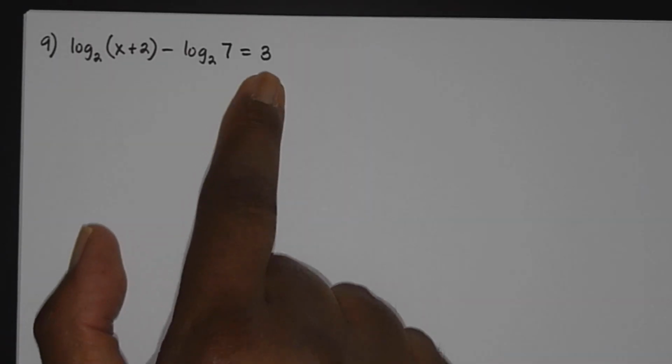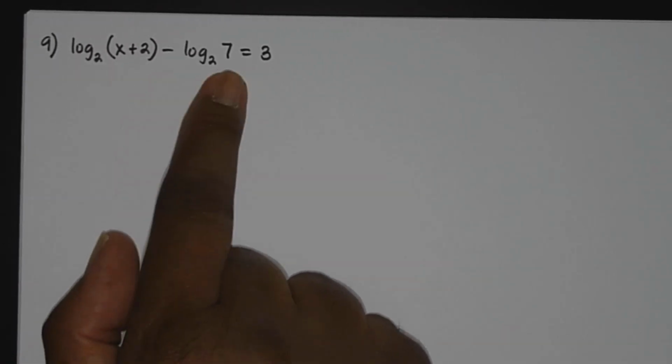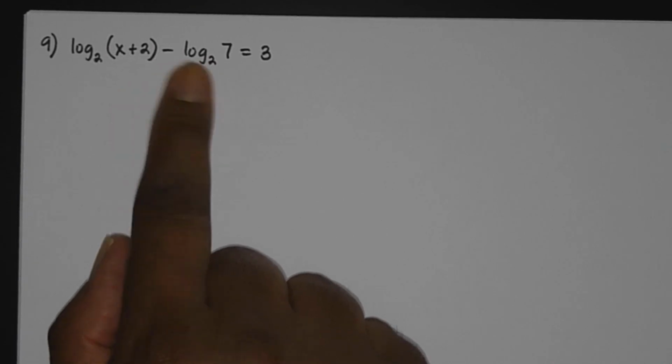Now, first things first, you want to make sure that each side of the equation is a single logarithm. We don't have a logarithm on this side here, but on the left side we do. But we want it as a single logarithm.